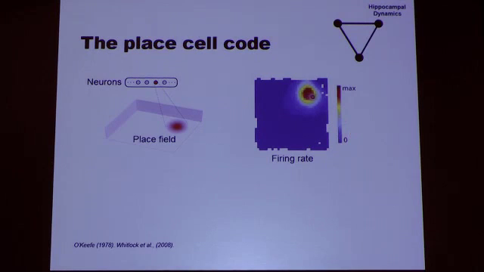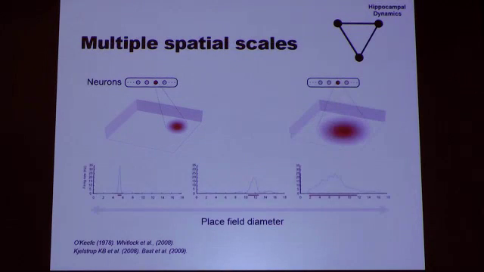So the firing rate falls off with distance from a particular point called the place field center. And we also see that these place fields exist along a variety of spatial scales within the hippocampus, from about 20 centimeters across up to 10 meters across in very large environments.